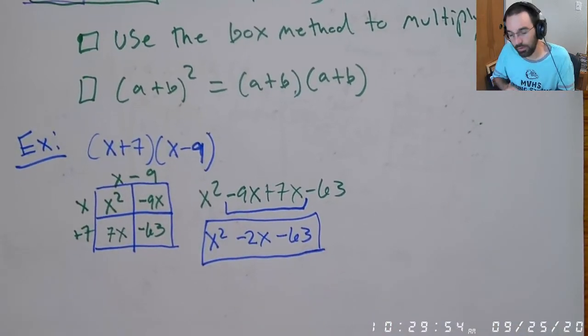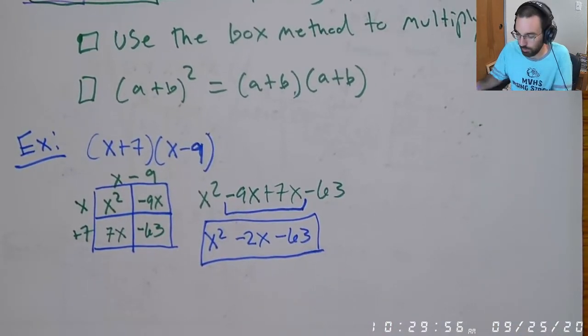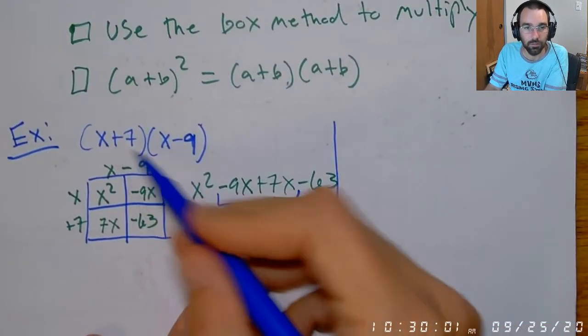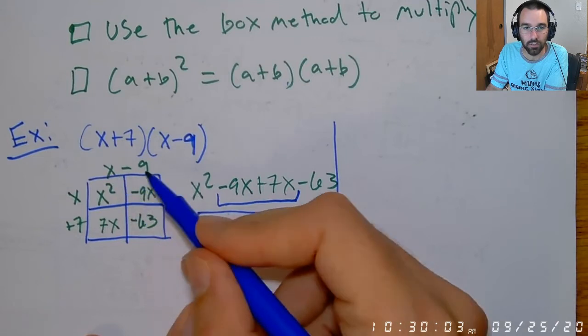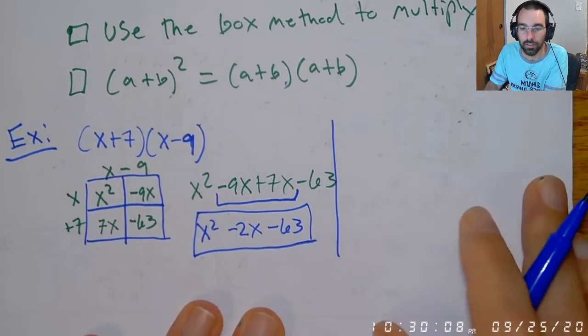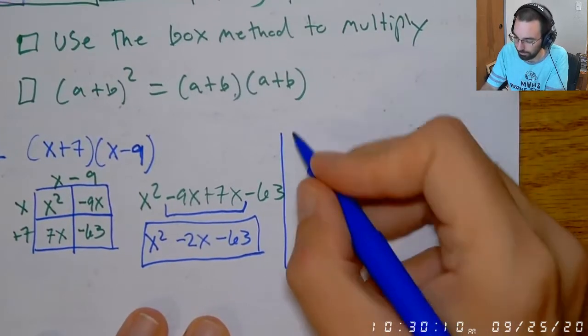Okay, so hopefully you guys are doing okay there with multiplying. Okay, so again, if you're in factored form, you're multiplying, you just take the box, you multiply them out, add them together to get your answer.